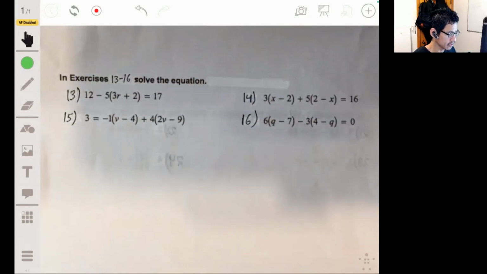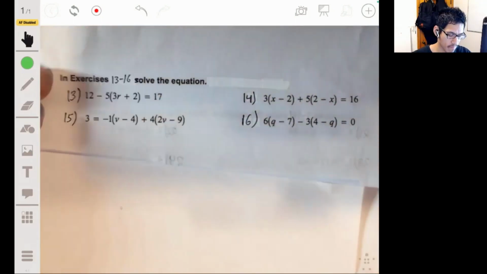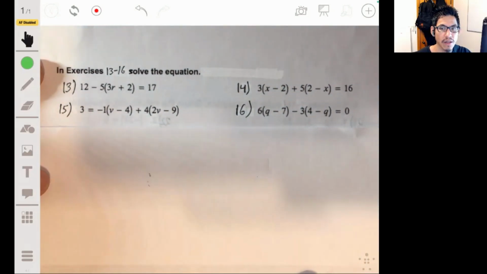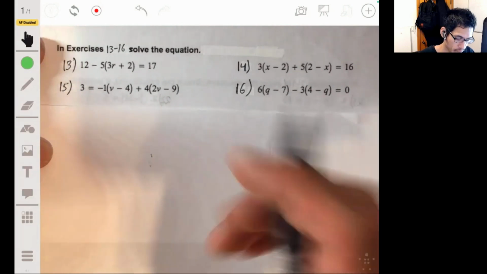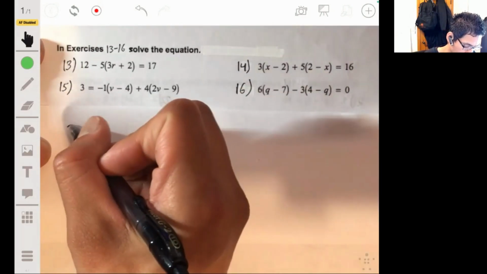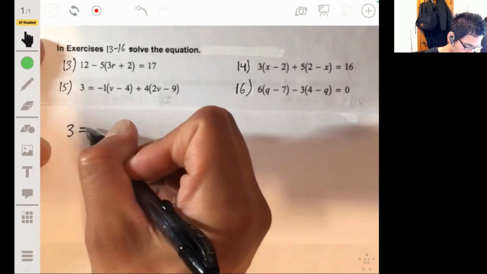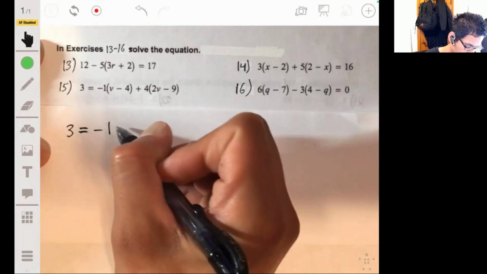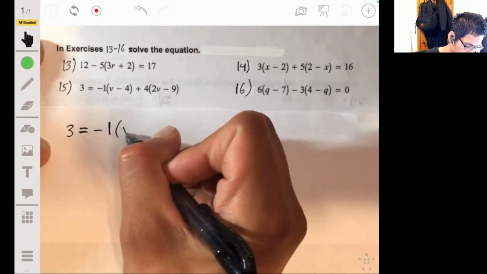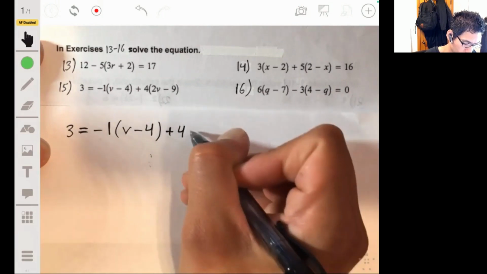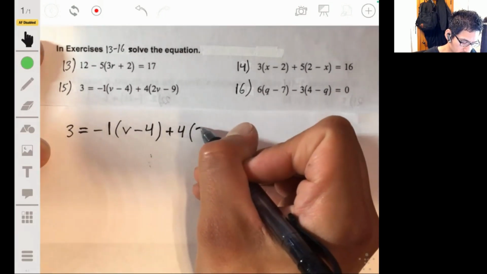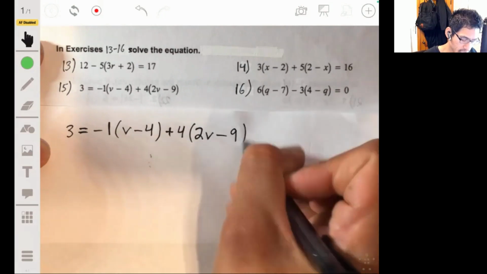This is a fresh sheet. 15. 3 equals -1 times a v minus a 4 plus 4 times a 2v minus 9.